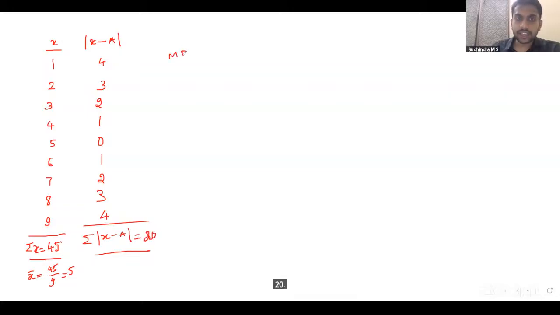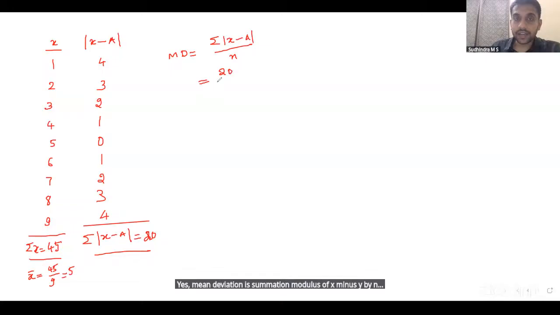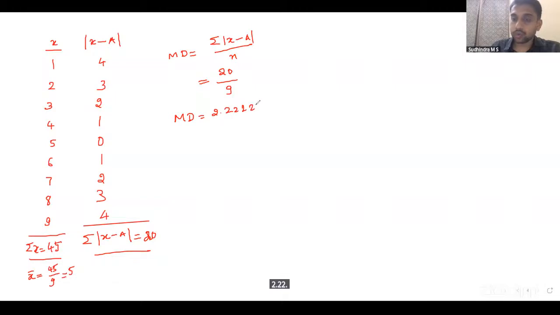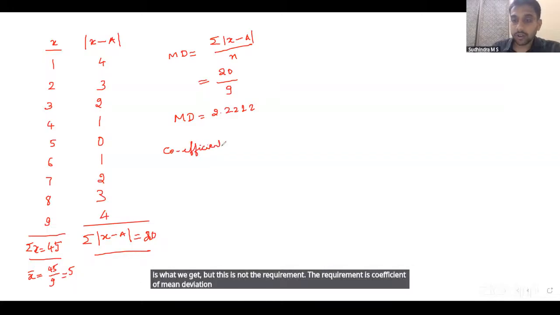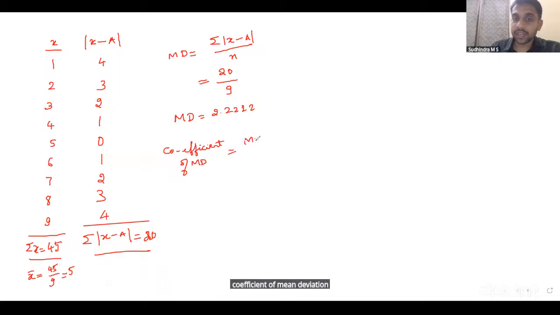Mean deviation is summation modulus of x minus a by n, which is 20 divided by 9, that is 2.22. But this is not the requirement. The requirement is coefficient of mean deviation. Coefficient of mean deviation, we know, is mean deviation by a into 100.